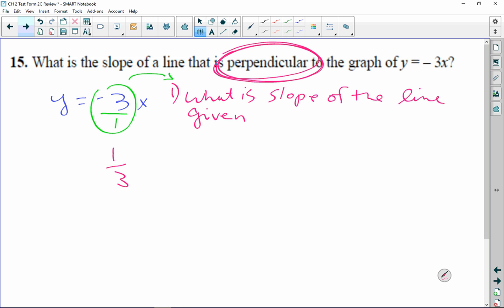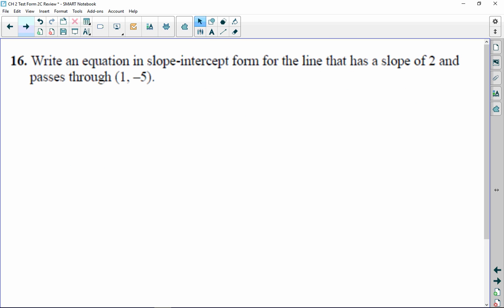And then attach the opposite sign, which is going to be what in this case? This is my answer. What was the answer?